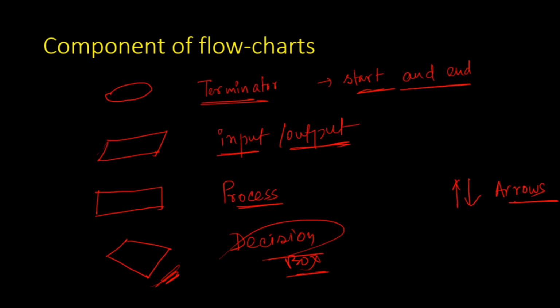So first of all, let's dive into flowcharts and see some problems. Let's start with a basic problem, which is adding two numbers. Like someone has given you two numbers, let's say 2 and 3, and wants you to give the answer, the sum of 2 plus 3.